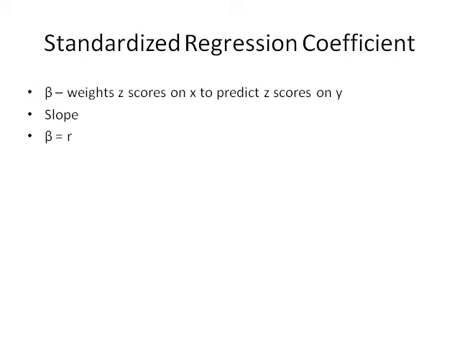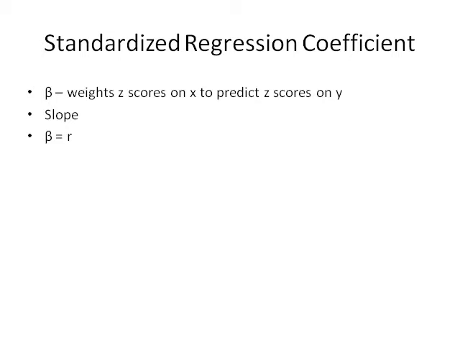Beta remains the slope of the regression line as discussed in the previous class when we talked about the regression coefficient. An important relationship that is unique to the standardized regression equation is that beta equals r, or the correlation of the two variables.